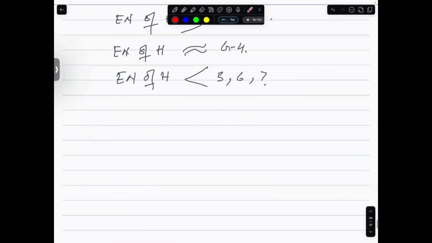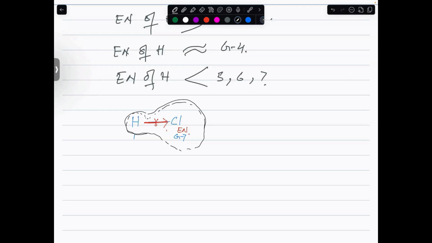Now, if there is a bond between hydrogen and chlorine, now it is group 7. Group 7 is more electronegative. If it is more electronegative, what it will do? It will attract the electron cloud more. So if chlorine is more electronegative, it's partially negative, and hydrogen is partially positive.